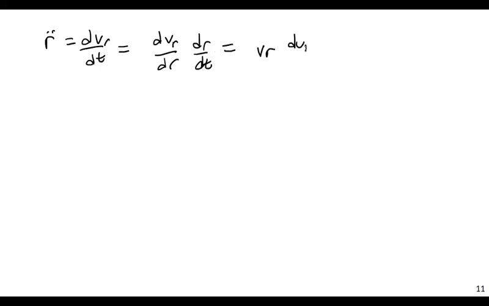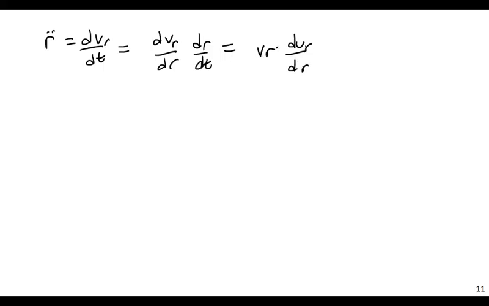So if I start out again with the radial equation, I know that r double dot is equal to dvr/dt, which is equal to, if I put in a dr in here, dvr/dr times dr/dt, or vr times dvr/dr.